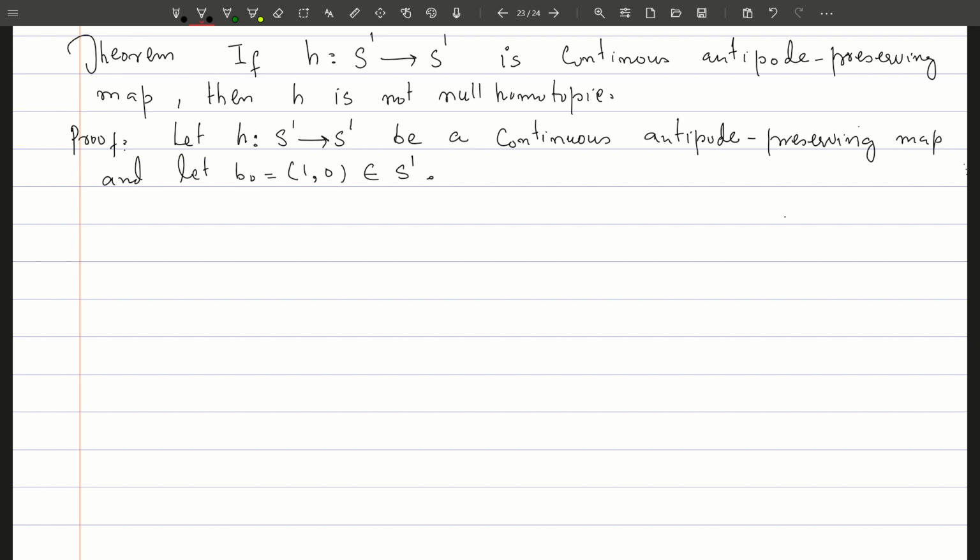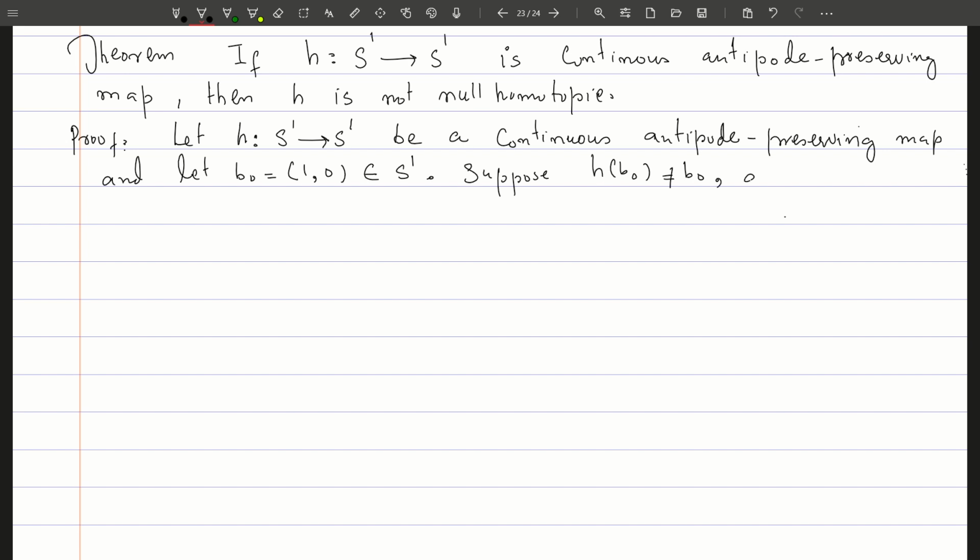Suppose h of b naught is not equal to b naught. Then we can define a rotation map.